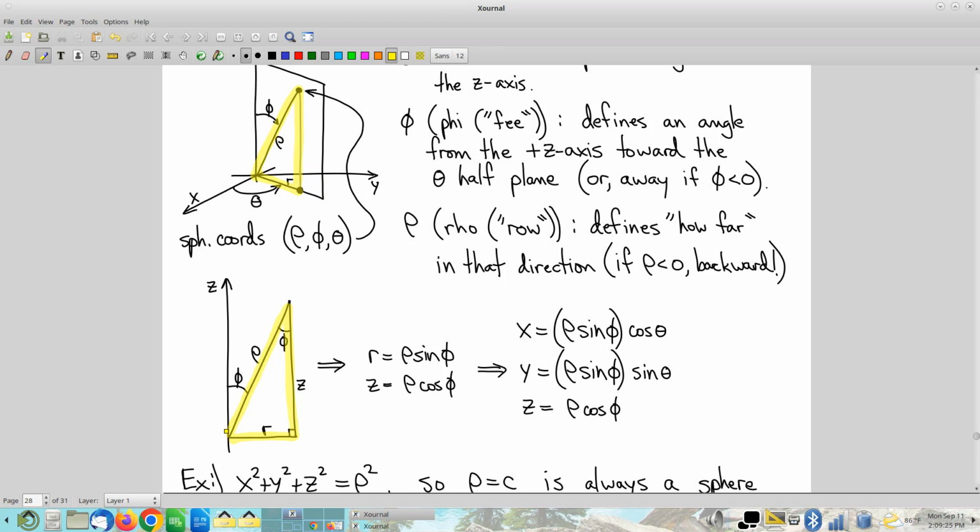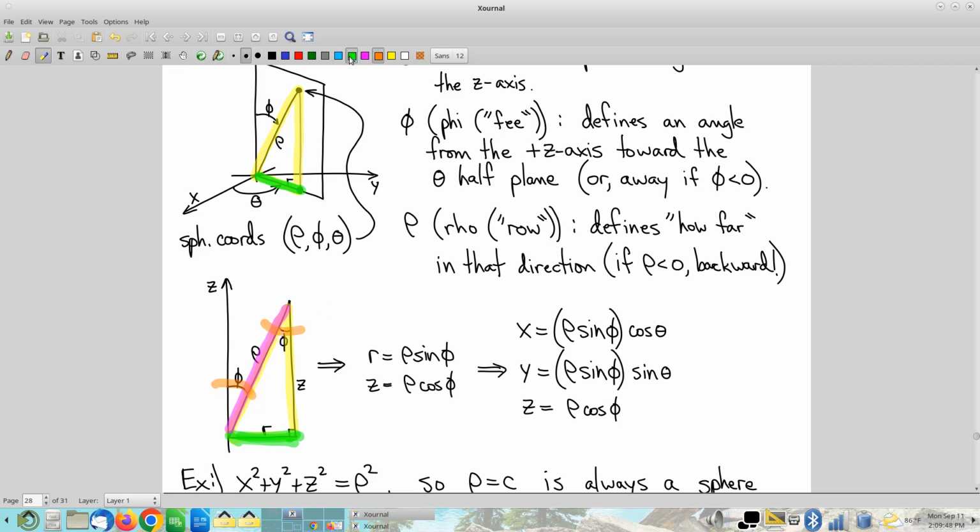So that said, notice that our cylindrical coordinate r is just one of the sides of a right triangle, where the hypotenuse is rho and the angle is phi.